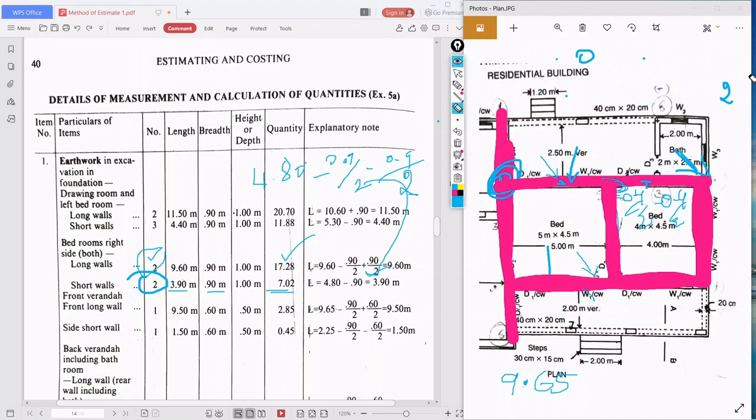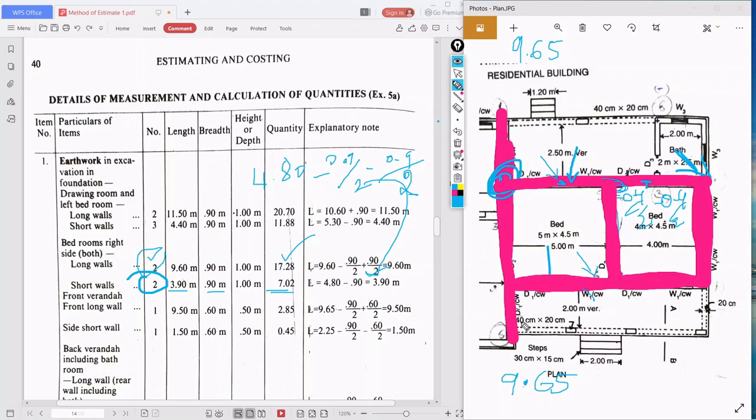Wait here, you shouldn't be confused. See here, what is the front line? Front veranda center line is 9.65. For this we need to add the width of the excavation, the breadth of the trench.